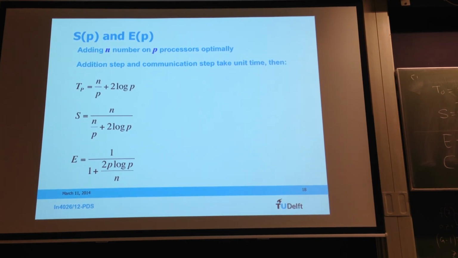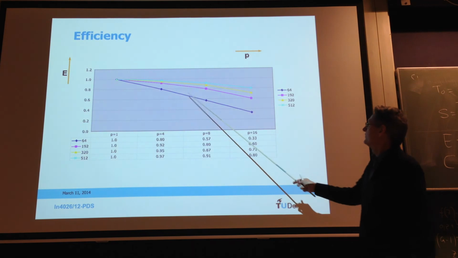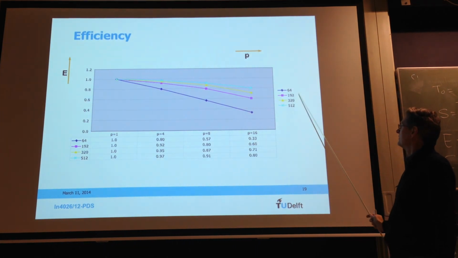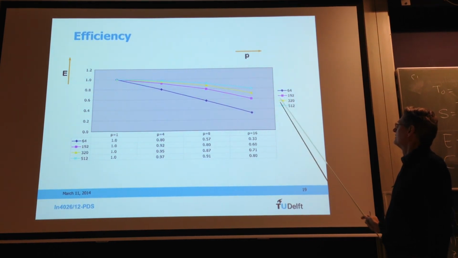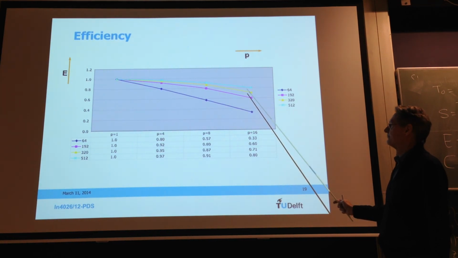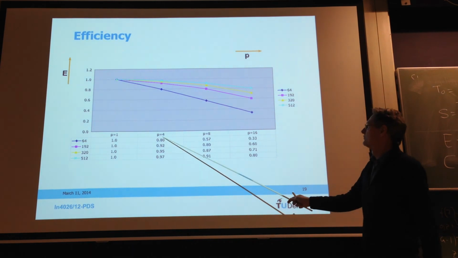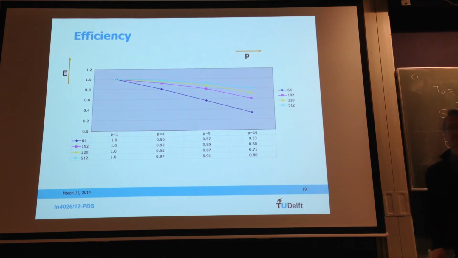Now let us see what happens if we make a graph of this efficiency, filling in various numbers for p and n. So we have graphs here showing n. N starts here, the deep blue line is 64, and the light blue line is n is 512. This is p is 1, this is p is 4, this is p is 8, and this is p is 16, and these are the execution times.